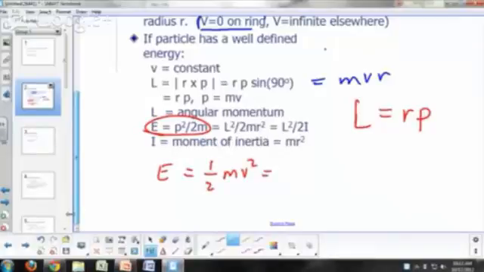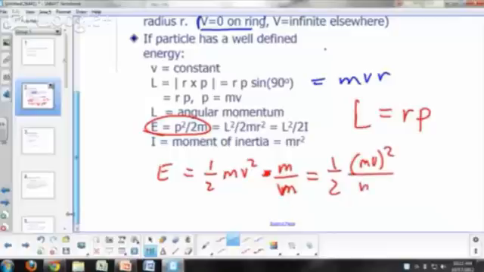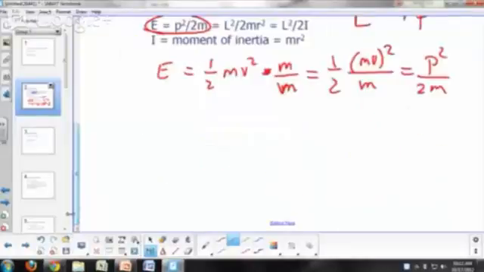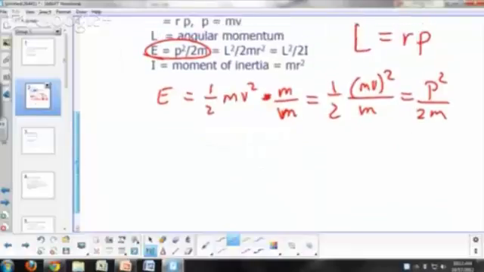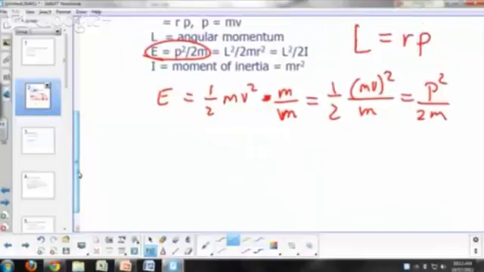And we said before that we can always write this in terms of momentum, and the way you can imagine deriving that is multiply this by m over m. That gives you 1/2 m squared v squared over m. So that's p squared over 2m. So that's another formula for kinetic energy. And that's going to be our total energy here because we have zero potential energy. So the energy is p squared over 2m.